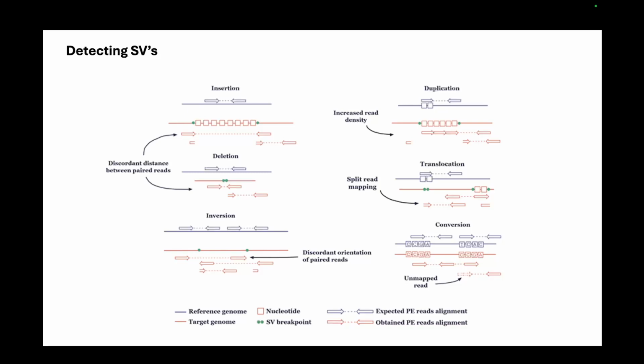It's two paired reads, and you already know the distance between the reads in your original genome. Now when you align to the genome, you see that the distance between these two reads has increased, right? That means something has been inserted between these two reads.